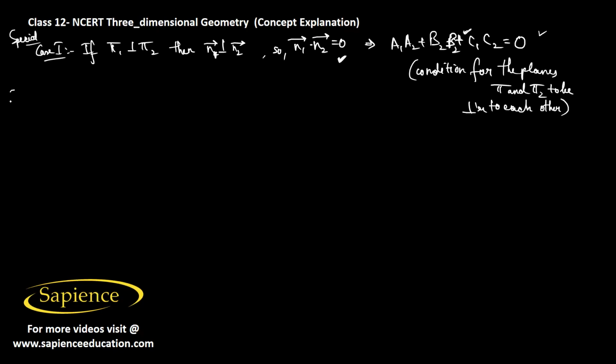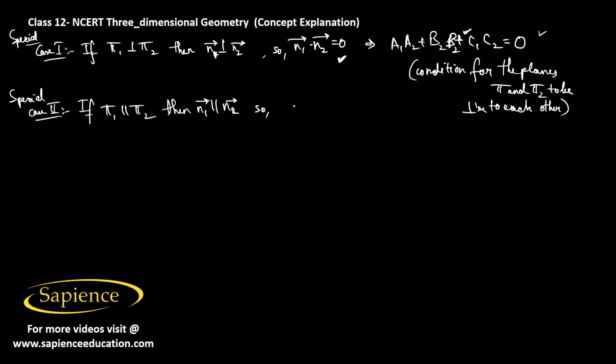Now the special case 2 would be that if pi1 is parallel to pi2, it means that the two planes are parallel to each other, then n1 vector also will be parallel to n2 vector, means their normal vectors will be parallel to each other also.